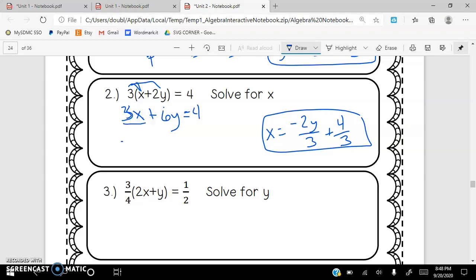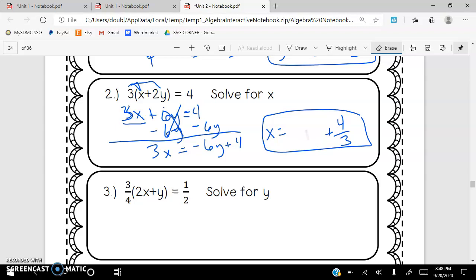So we need to solve for x. Let's remove that 6y from both sides. Sorry. 6y cancels out. Now I have 3x equals negative 6y plus 4. Let me erase this as an answer over here.